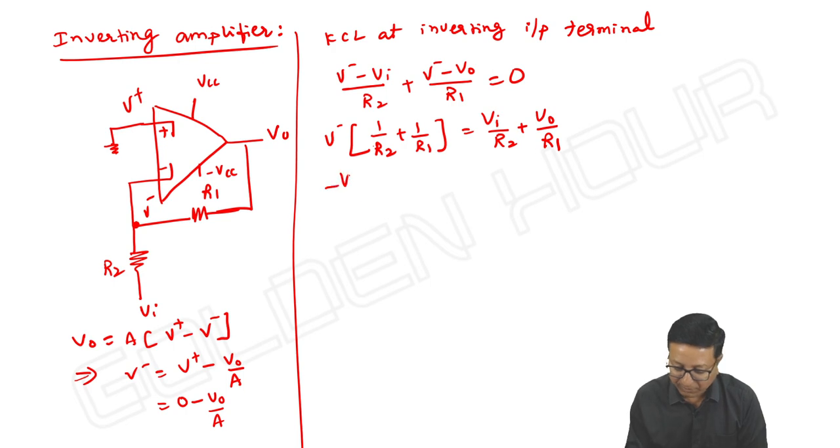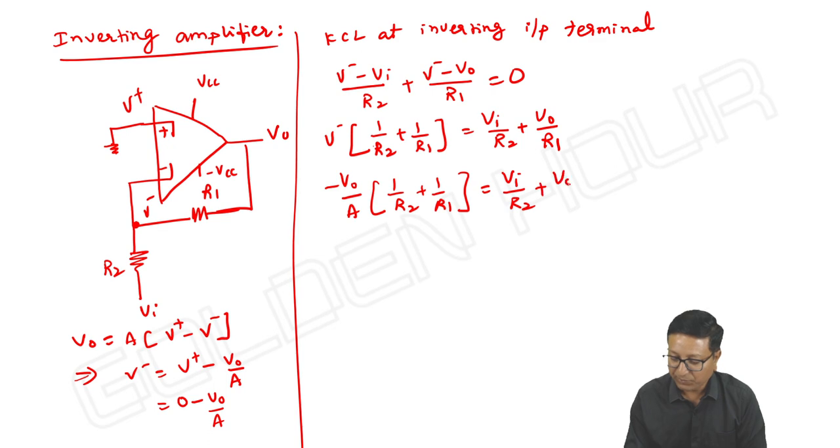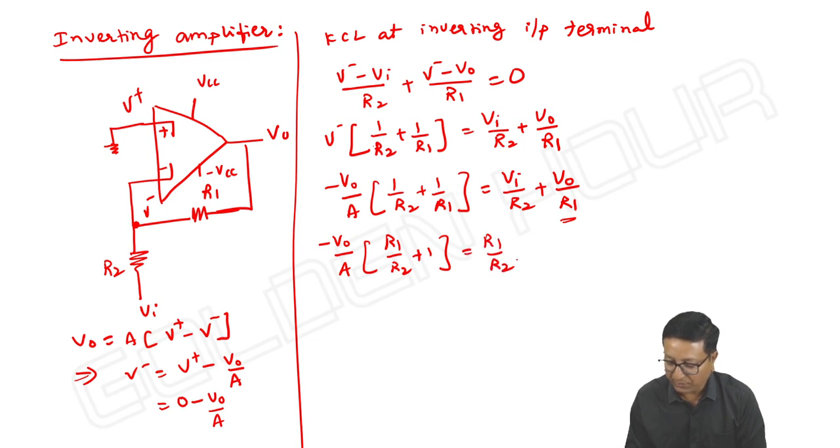It is equal to minus V output by A. Minus V output by A into 1 by R2 plus 1 by R1 is equal to Vi by R2 plus V output by R1. Let us multiply both sides with R1, so minus V output by A into R1 by R2 plus 1 is equal to R1 by R2 into Vi plus V output.